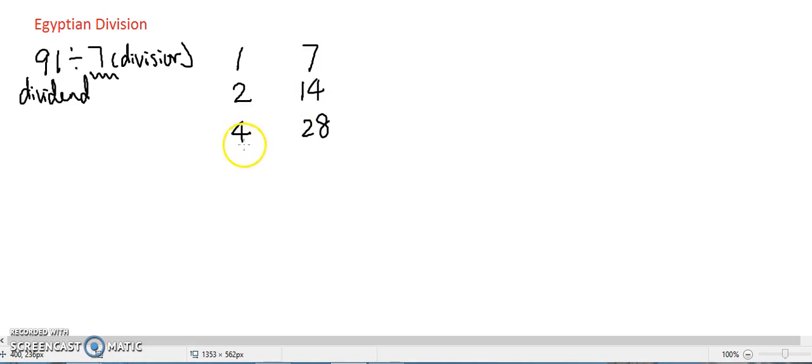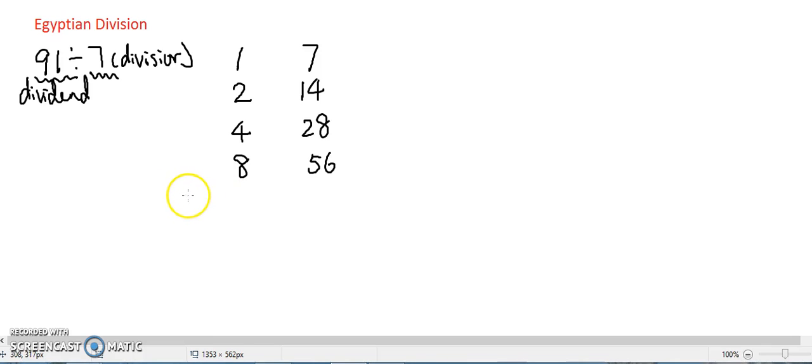So we're doubling both numbers to get 8 and 56. If we do it one more time, we will get 16 on the left column and 112 on the right side. But we are trying to reach 91, and 112 is bigger than 91, so there's no point in doing that.